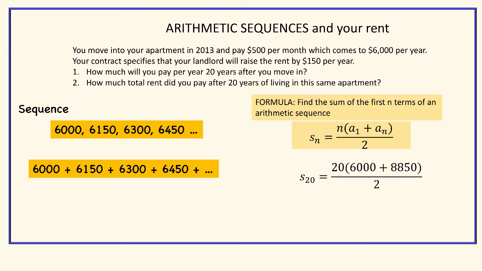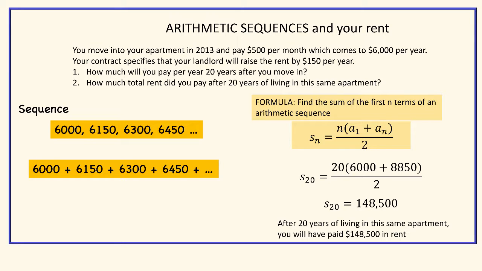So plug that into your calculator and you come up with a whopping $148,500. That means that after 20 years of living in the same apartment, you will have paid $148,500 in rent after having lived in this place for 20 years.